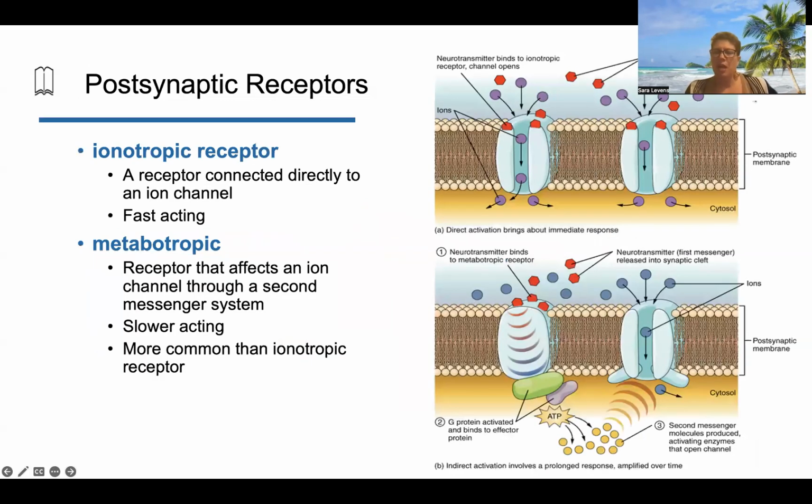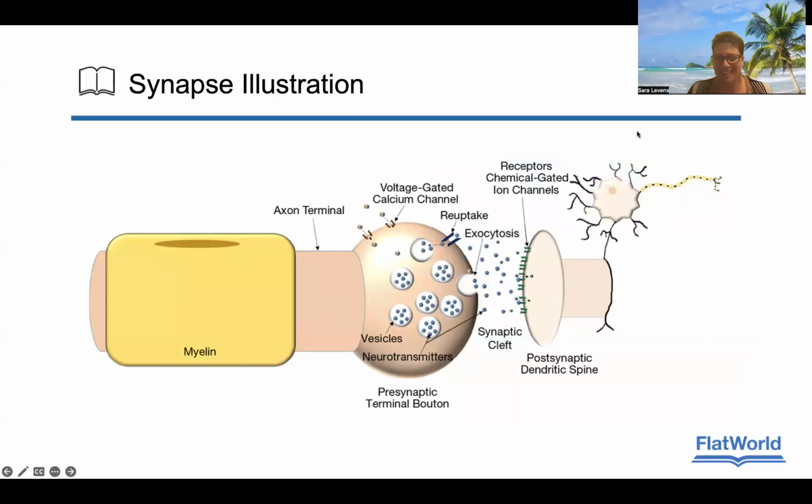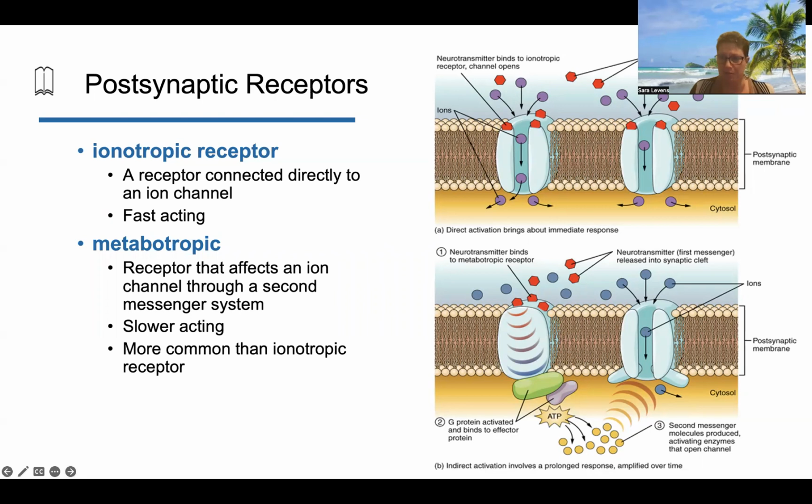All right, and we have these postsynaptic receptors up here. So what do the receptors look like on the other end of this dendritic spine over here? If we take a closer look, we have two types of postsynaptic receptors. First, an ionotropic receptor, a receptor connected directly to an ion channel, and this is fast acting.